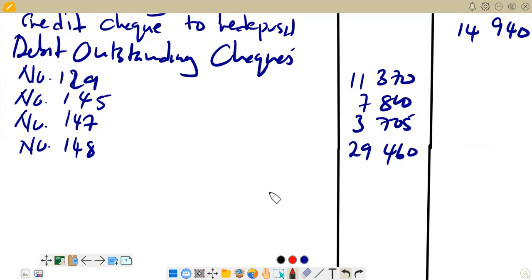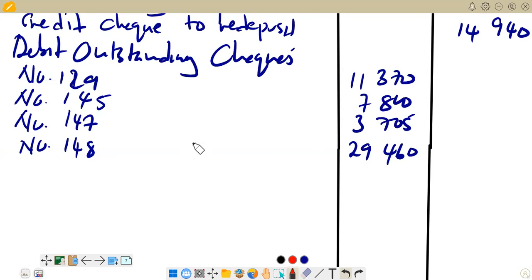Since the credit side is greater, it means the debit side is the smaller figure. So our balance c/d will be on the debit side. And it means our bank account in the ledger is also going to have a debit balance, since we are having a greater side on the credit side in the bank statement.